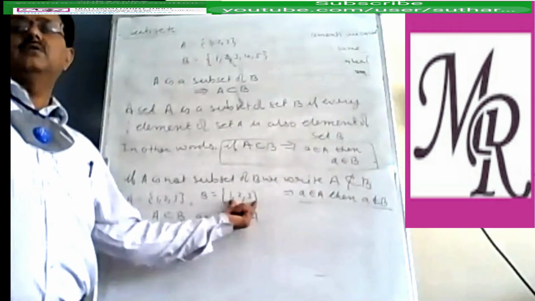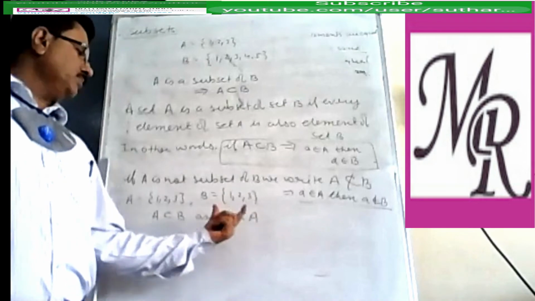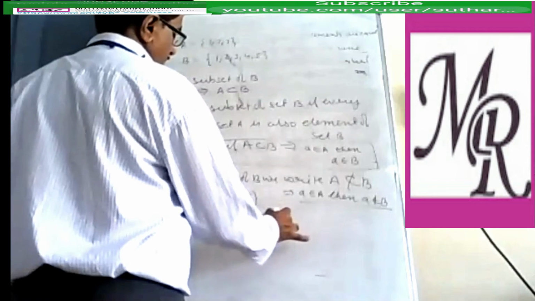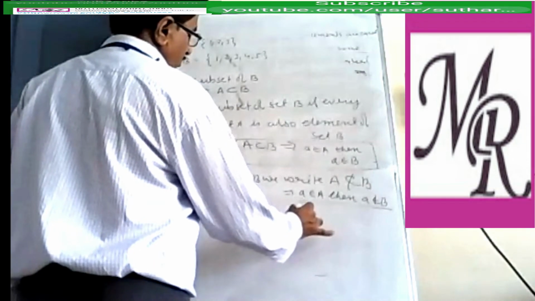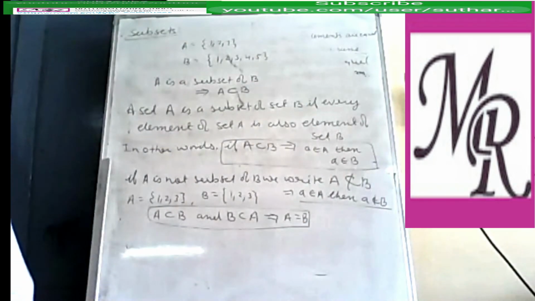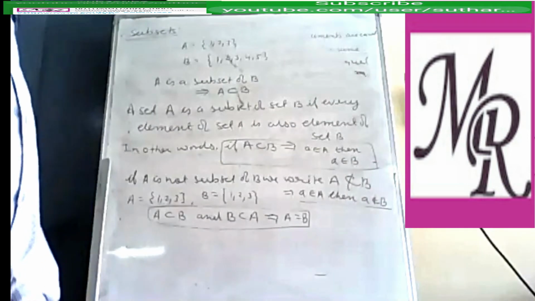So what we get? If these two are possible, then A equal to B. So this is a very important result. Clear? Yes, sir.